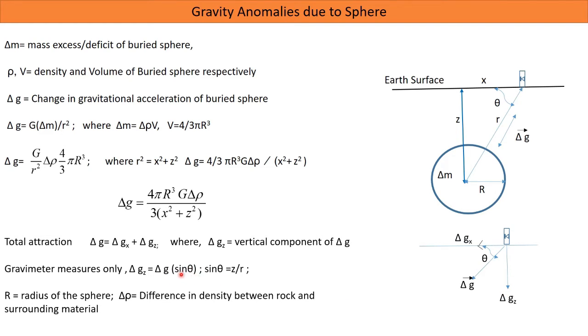So for the gravitational attraction of the buried sphere, we have to calculate the delta gz component, that means delta g into sin theta. Here r is the radius of the sphere that I have already discussed, and delta rho is the difference in density, that's same as the delta m. There is a vector sign, this is a vector formula, delta g equals delta gx plus delta gz.